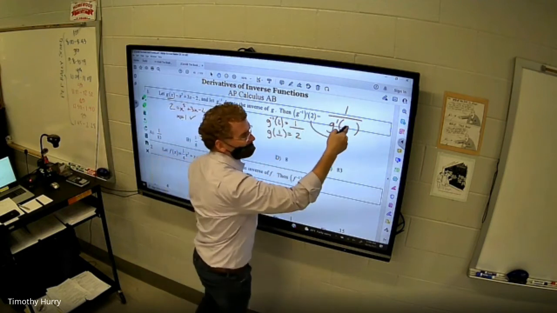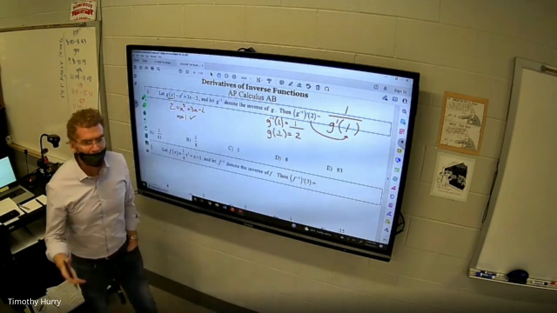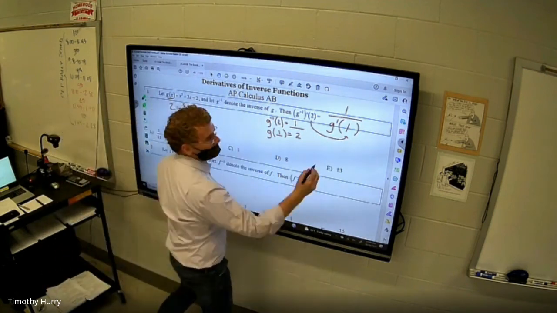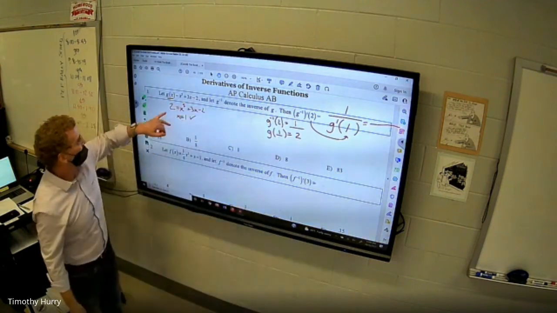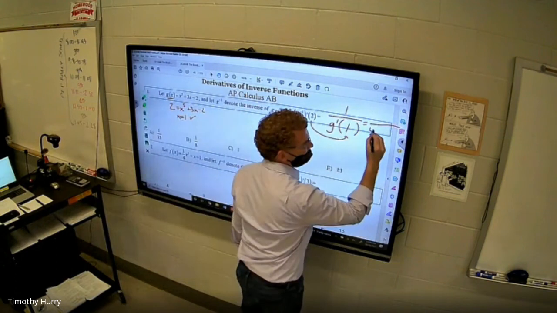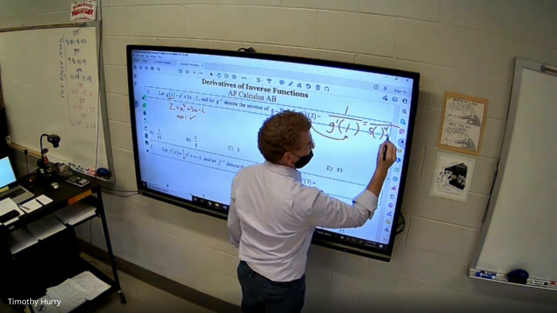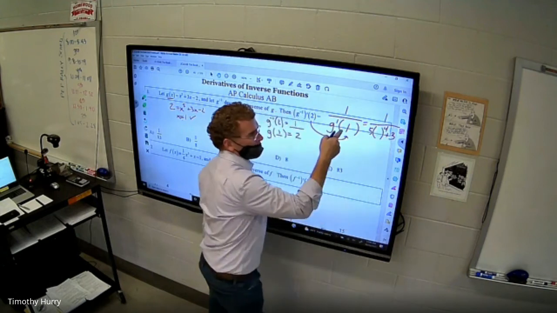I want the x value in the original here. So all I have to do now is take the derivative of g, 5x to the 4th plus 3, flip it, and plug that 1 in.